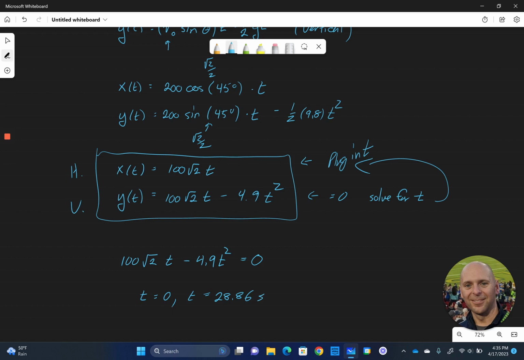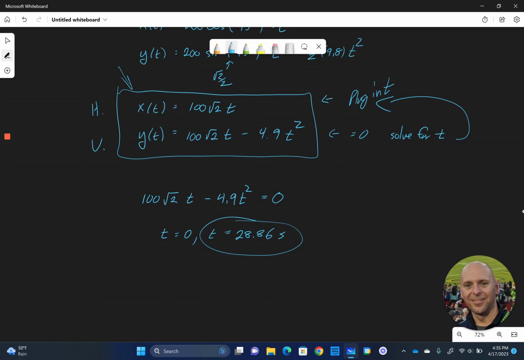So now that we have that t, we can plug that value again into our distance function here for x of t. Again, this is telling us the horizontal travel for any particular time. So we want x of 28.86.